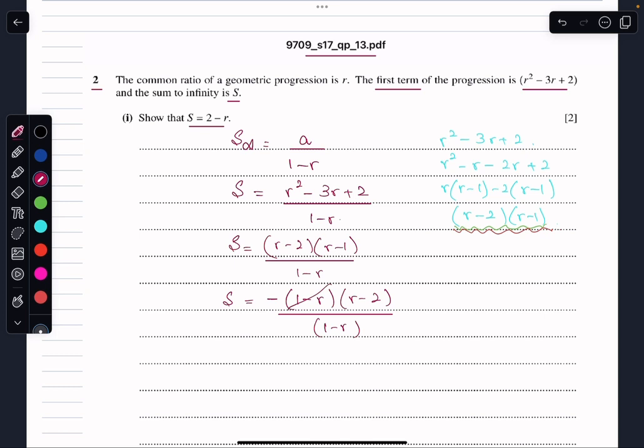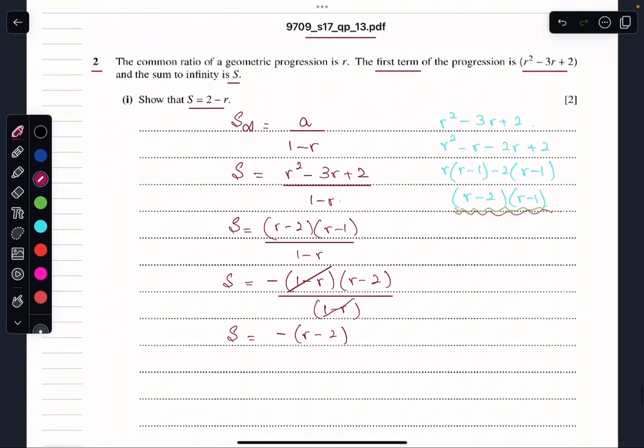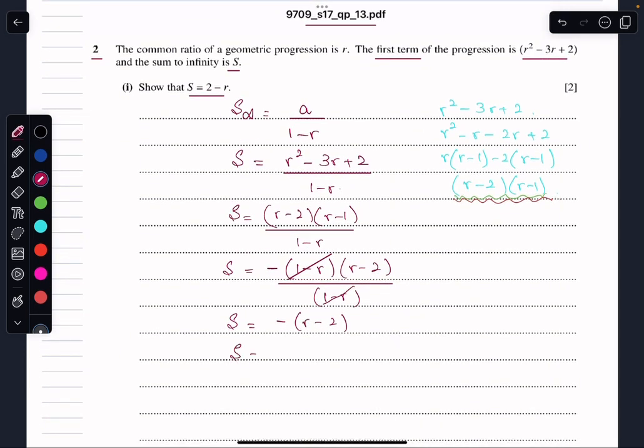So 1 minus r gets simplified, and I will be left here with negative r minus 2, or I can say that s then shall be equal to 2 minus r. So this is what we had to show, and we have obtained s equals 2 minus r.